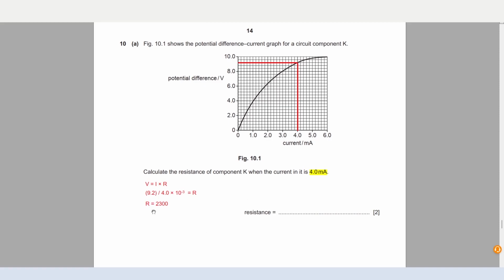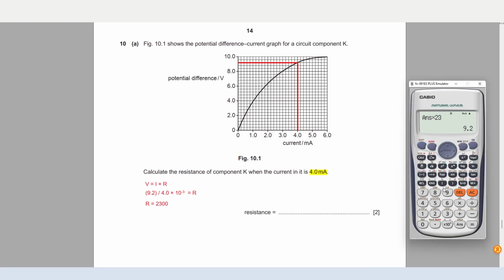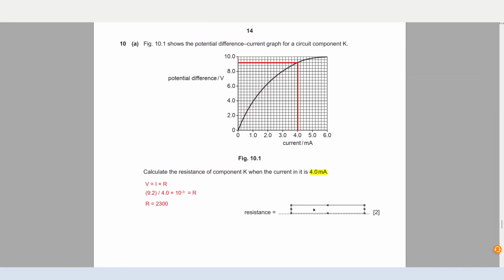And then R equals 9.2 divided by 4.0 into 10 raised to the power minus 3, which is going to give us 2300. And don't forget to add the units here for resistance. So we can write here 2300 ohms. We're done with this part.